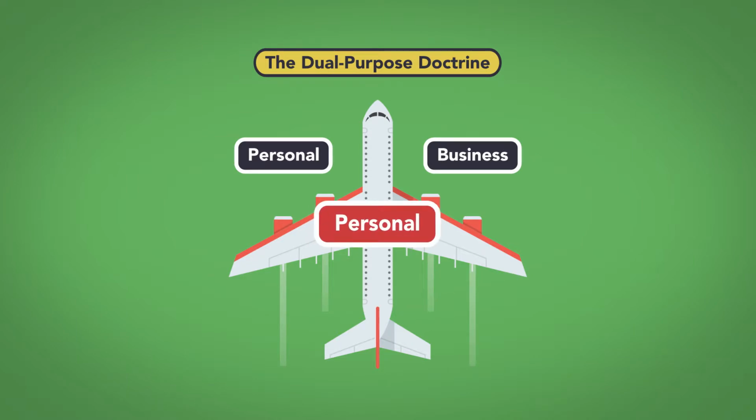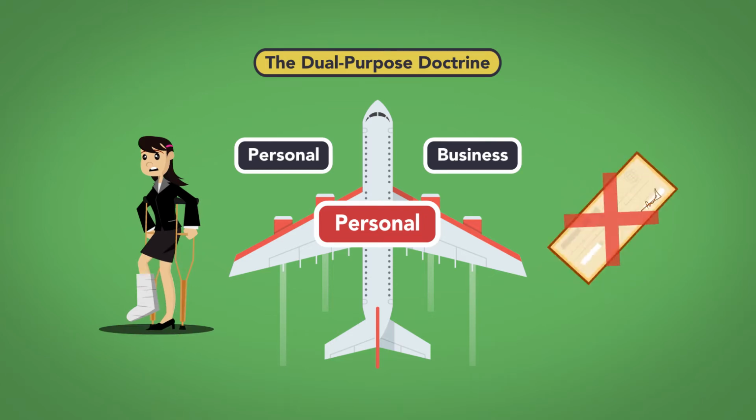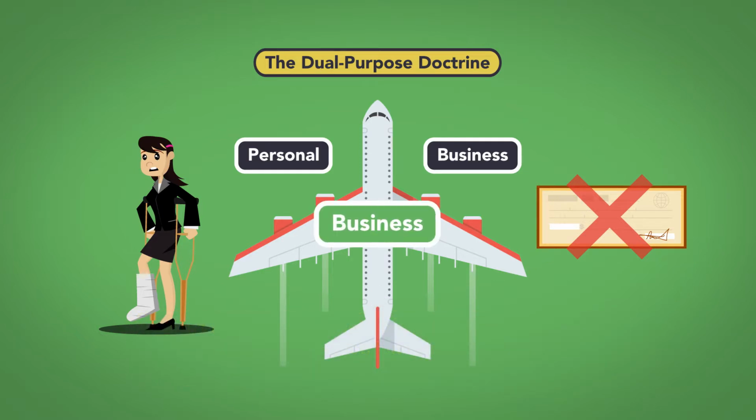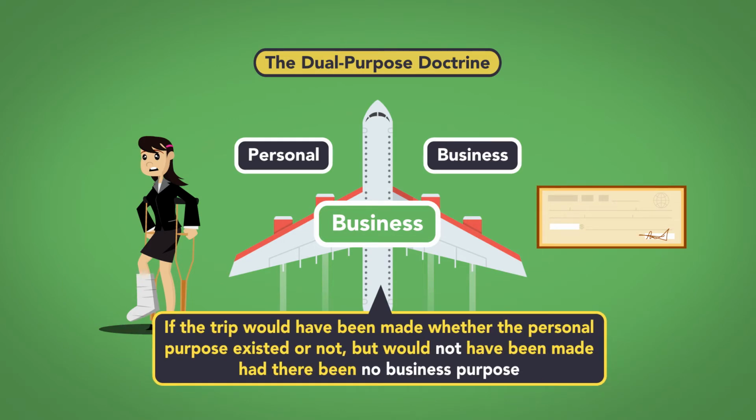The trip is considered personal, and therefore resulting injuries are not compensable, if the trip would have been made whether the business purpose existed or not, but would not have been made had there been no personal purpose. The trip is considered business, and therefore resulting injuries are compensable, if the trip would have been made whether the personal purpose existed or not, but would not have been made had there been no business purpose.